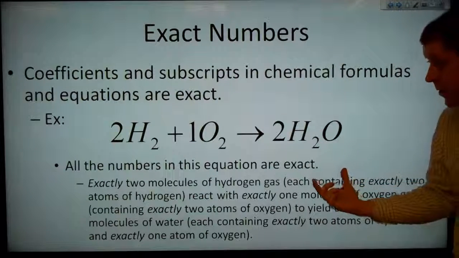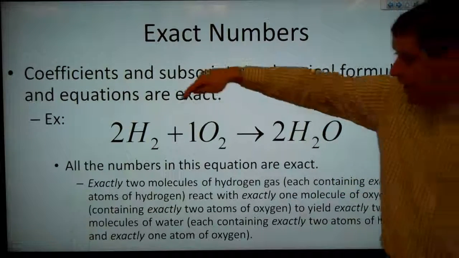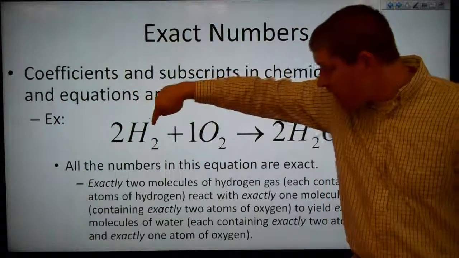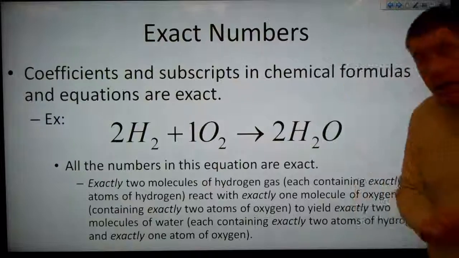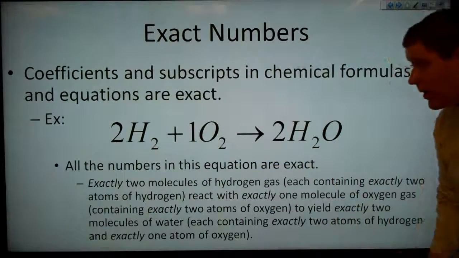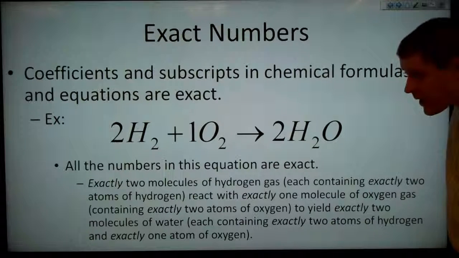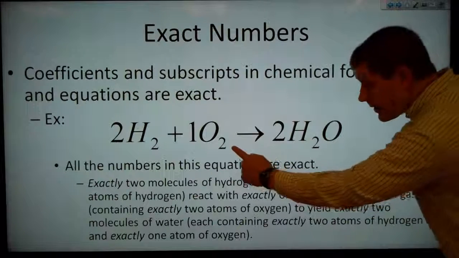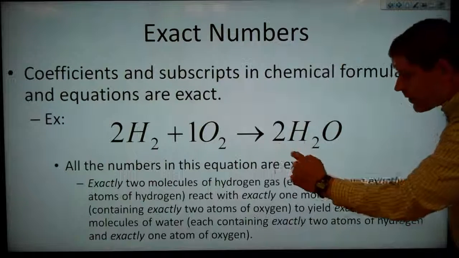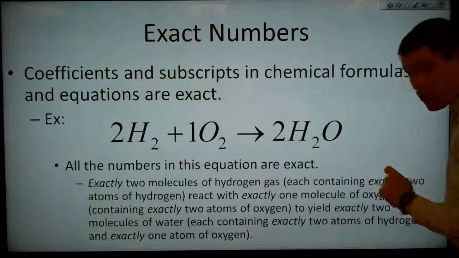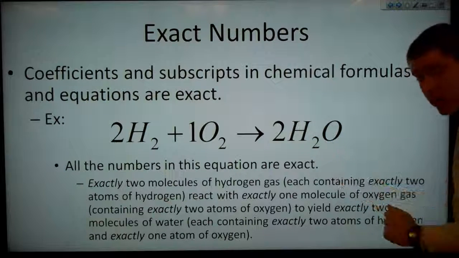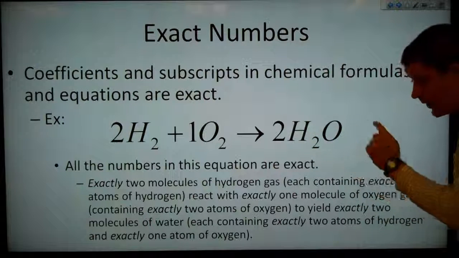All of our numbers in this equation are exact, because we're saying exactly 2 molecules of hydrogen gas, and each molecule contains exactly 2 hydrogen atoms, react with exactly 1 molecule of oxygen gas, and each molecule of oxygen gas contains exactly 2 oxygen atoms. Those react to give us exactly 2 molecules of water. Each molecule of water contains exactly 2 hydrogen atoms and exactly 1 oxygen atom.